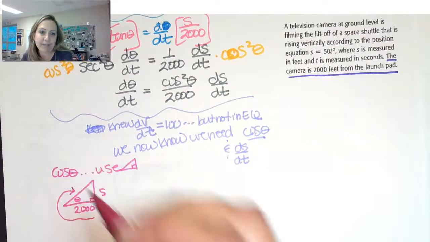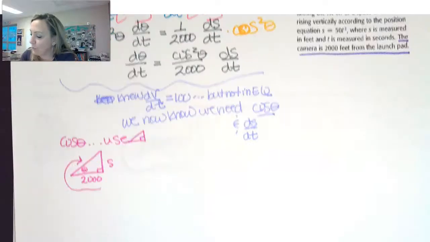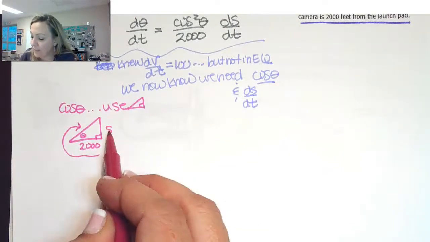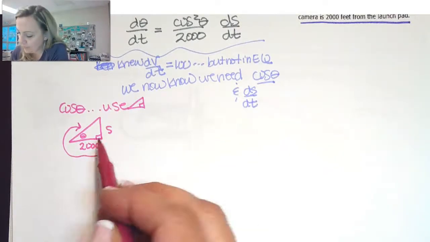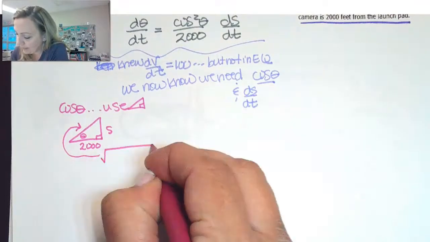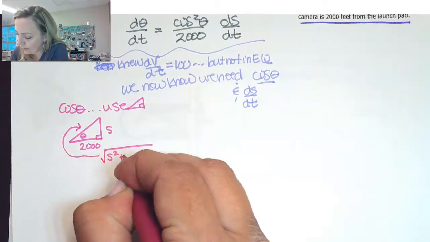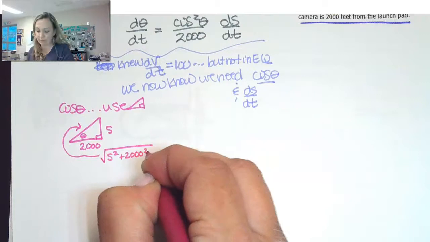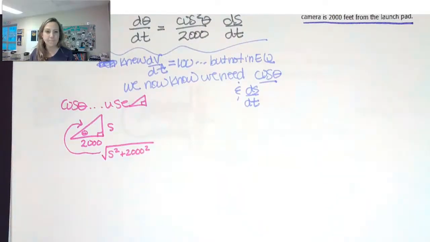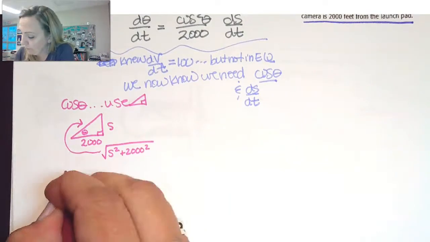And that's not that bad to do. If we're going to find our hypotenuse, we're going to take the square root of s squared plus 2000 squared. So I'm just going to make a note that this is going to be the square root of s squared plus 2000 squared. You guys agree with that? Okay.